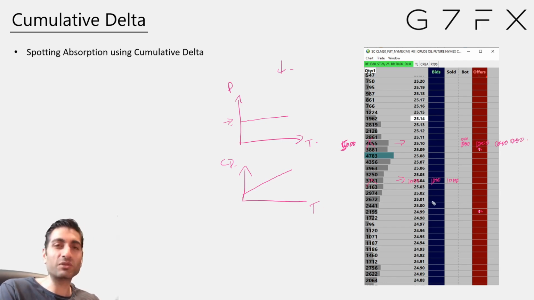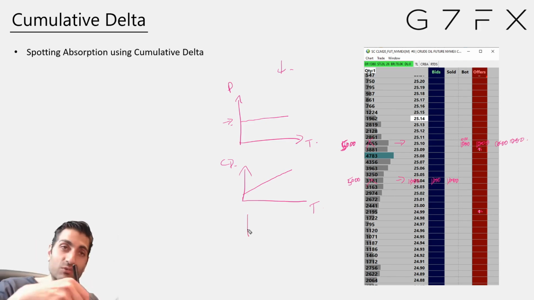You think, let me try again, so you do another 1,000. Now you've got 2,000 market orders printed, and as soon as you do that, another 1,000 appears out of nowhere at the same price. So you're slamming the bid with 2,000, 3,000, 4,000, 5,000, and the price just hasn't moved. Classic absorption on the downside.